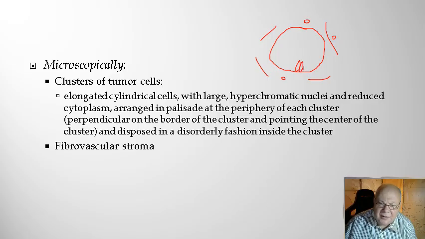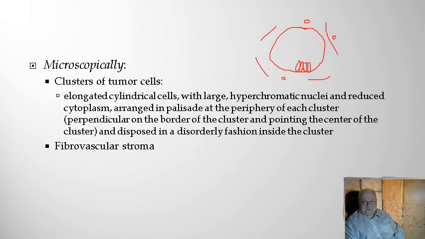These elongated cylindrical cells have very large basophilic nuclei, with a small quantity of cytoplasm. They grow at the periphery of the island, parallel to each other and perpendicular to the periphery of the island. This behavior is called palisadation.